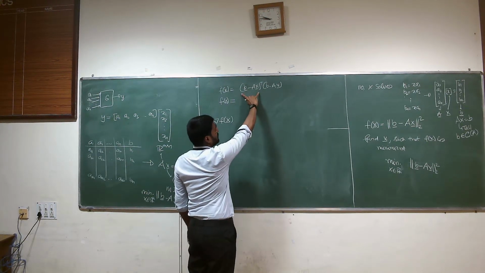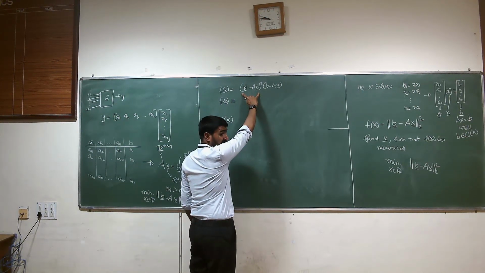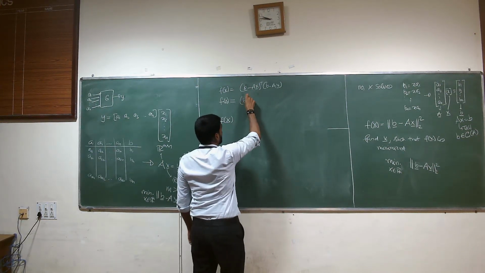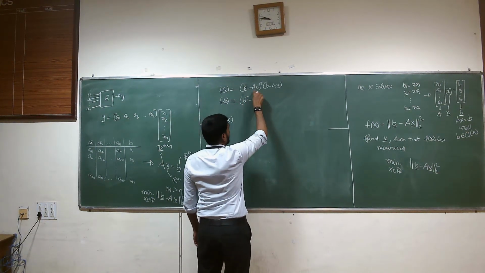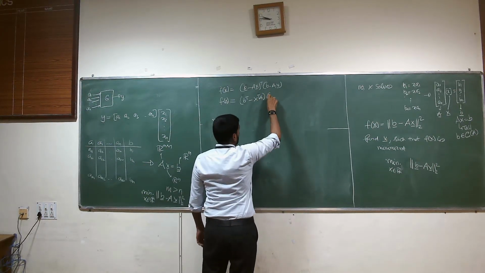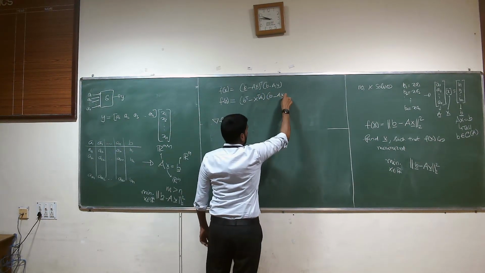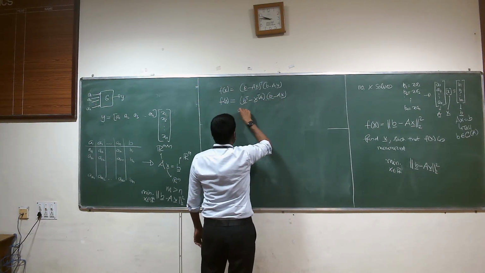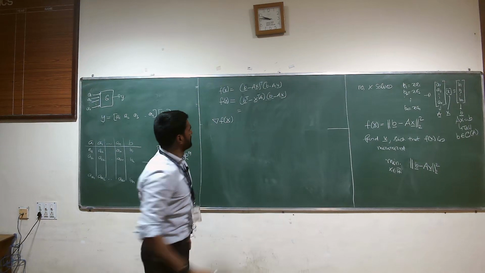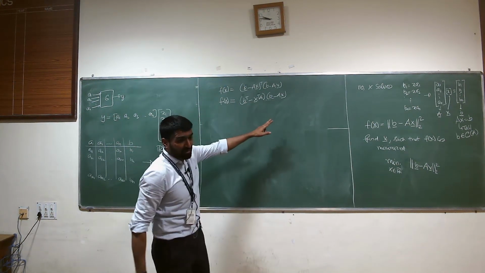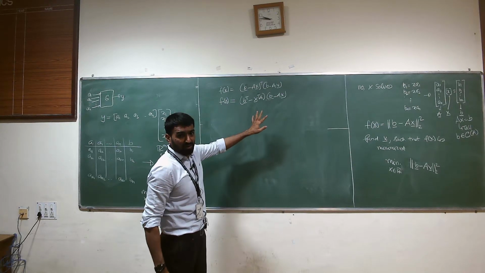Well, you can take the transpose inside. What will happen if you take the transpose inside? (Ax) whole transpose, which will be x transpose A transpose, times (b minus Ax). So if you multiply this out, how many terms will you have?